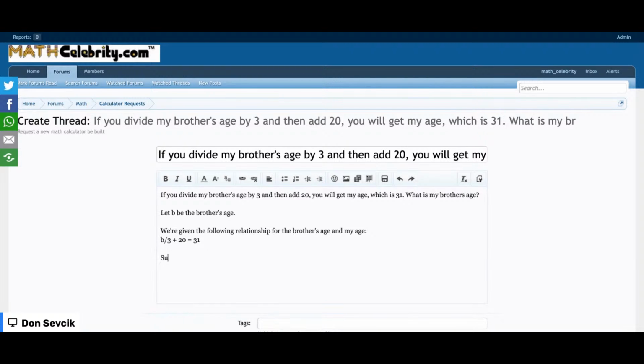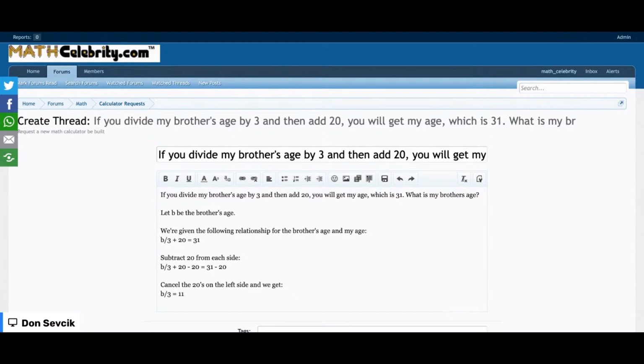So subtract 20 from each side. Because I've got one screen, I'm going to do this manually instead of using my Math Celebrity calculator. B over 3, we cancel the 20s on the left side, and we get B over 3 equals 11. Okay, great.